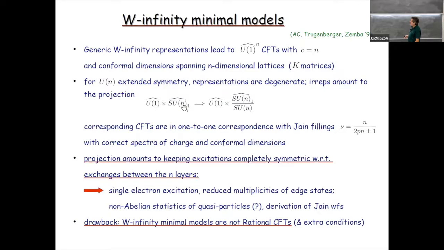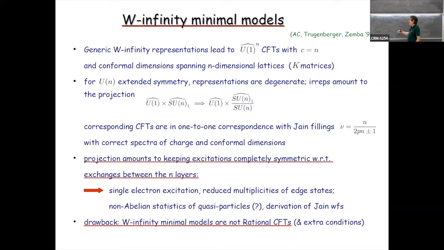This is a well-known fact of conformal field theory. Sometimes there is an extended symmetry which is level 1 affine SU(N), okay? And in this case the double infinity representations are degenerate. If I want to use an irreducible representation, I have to do this coset, so I have to remove the SU(N) symmetry. If I do this construction, it's slightly like the minimal models.